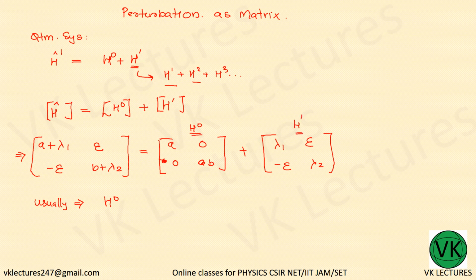Usually H naught will be a diagonal matrix. It need not always be diagonal, but generally it is diagonal. But if you can make it diagonal, that is better.